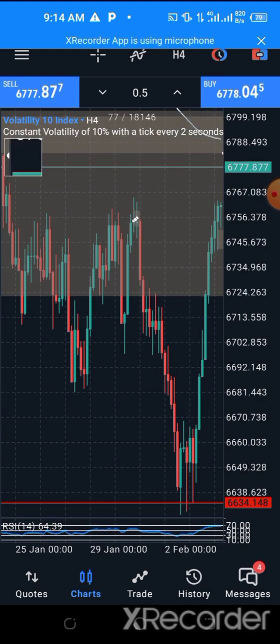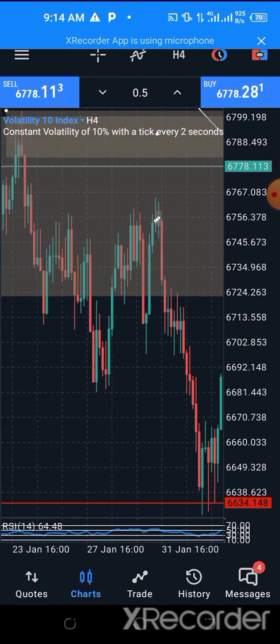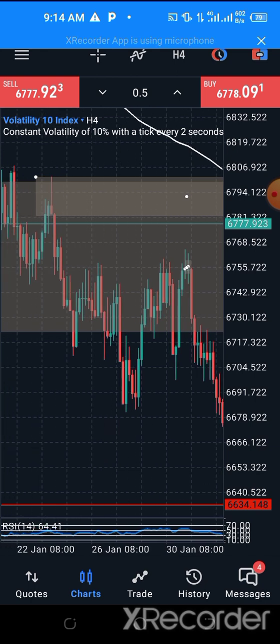This is another block. And a fair value gap here. And a fair value gap.